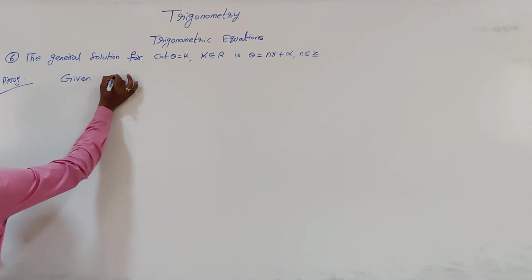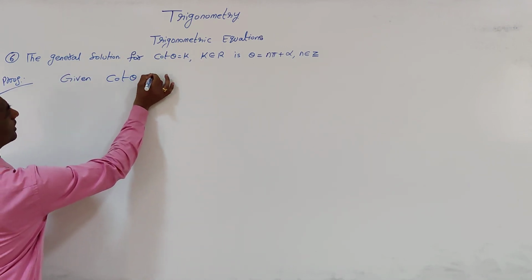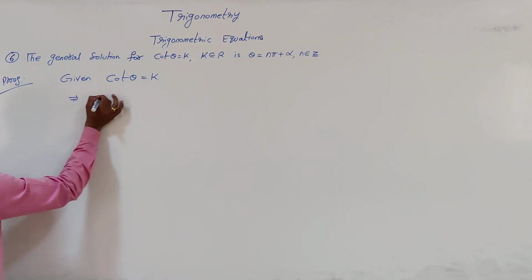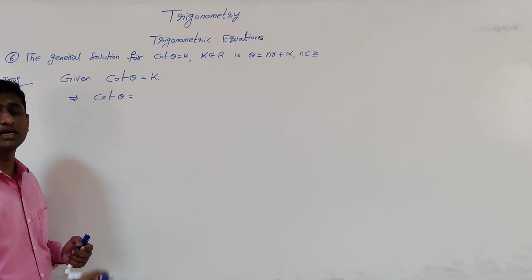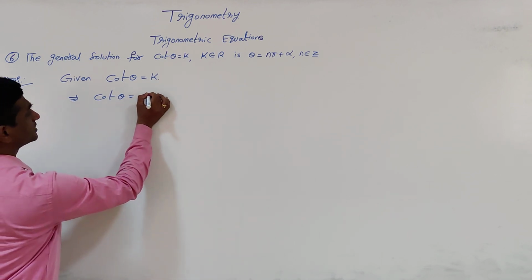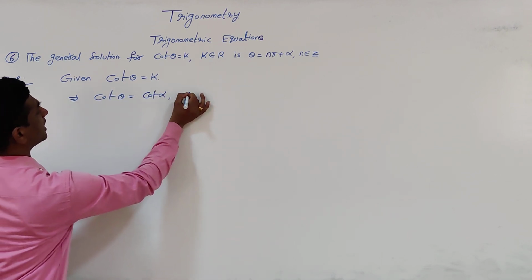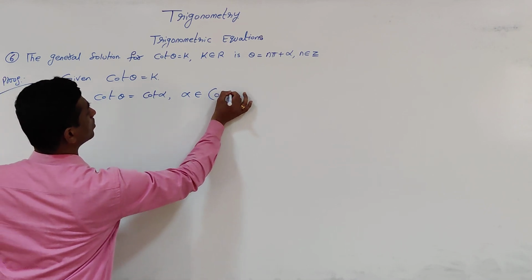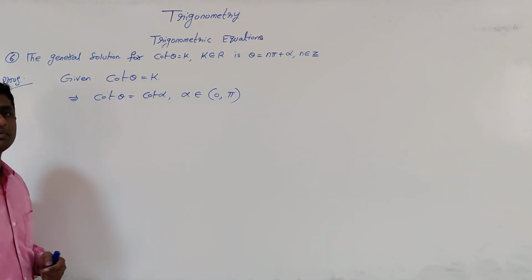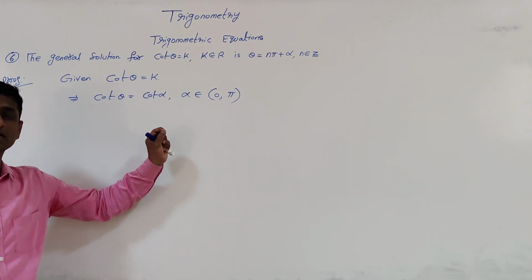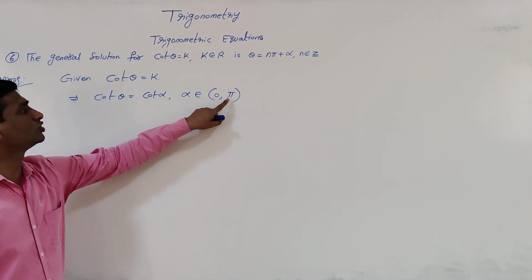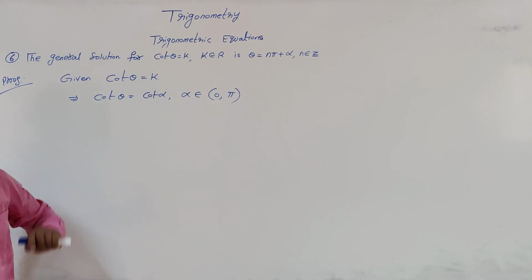Given cot theta equal to k, for k there exists a unique alpha such that cot alpha will be k, where alpha belongs to the open interval 0 comma pi. Means alpha is the principal solution, that is a unique alpha which lies between 0 to pi, such that cot alpha will be k.